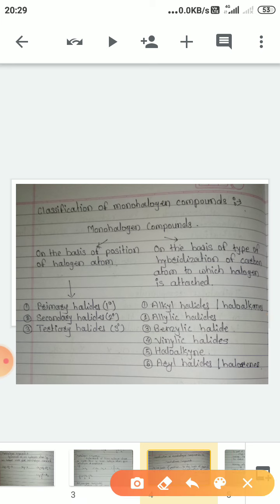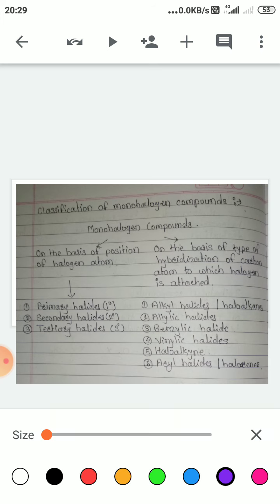Now these monohalogen compounds are again classified into 2 types. First, on the basis of the position of the halogen atom, to which carbon atom it is attached.